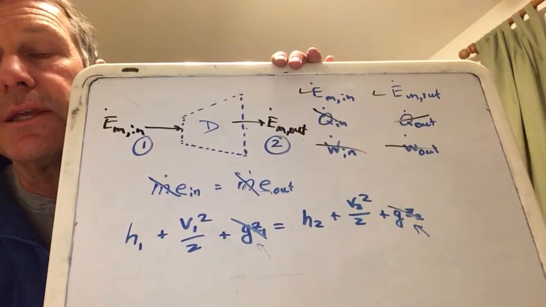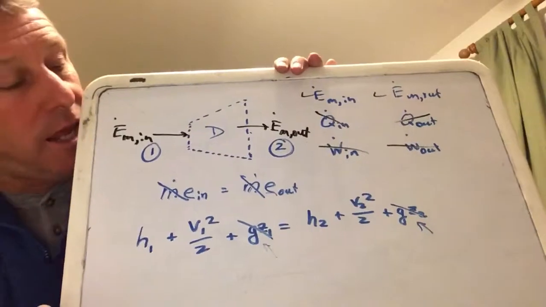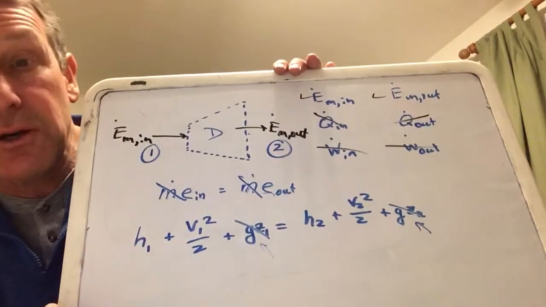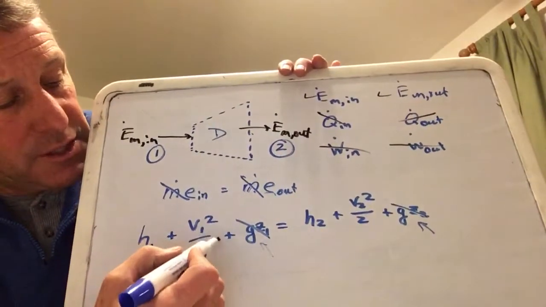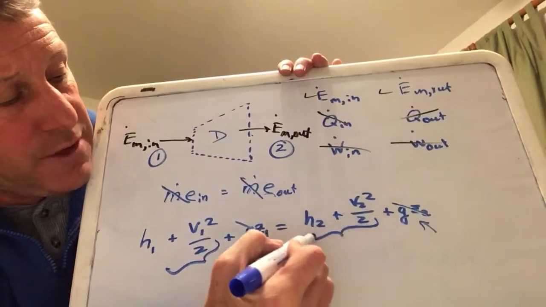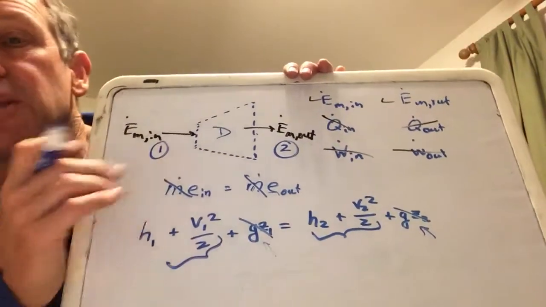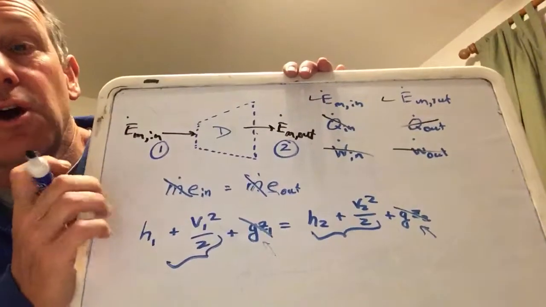The enthalpy at the inlet and the enthalpy at the outlet are not necessarily the same, and you can see it from what we talked about earlier. If this term has to equal that term, and the velocity change is significant, then the h's have to change as well. So our equation for a diffuser simplifies to the previous equation with the gz terms deleted, and I'll write it up there for you.